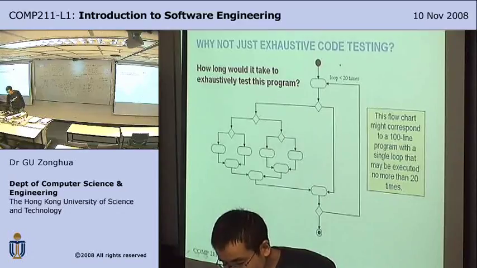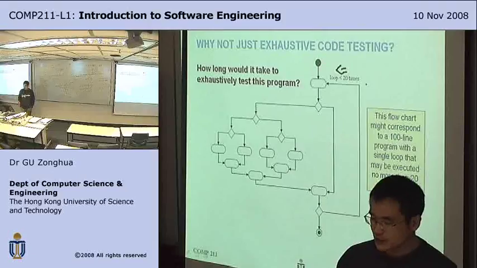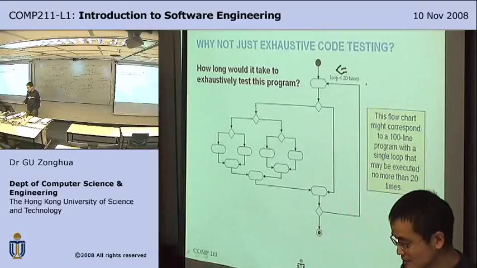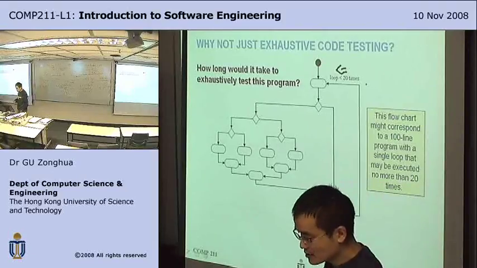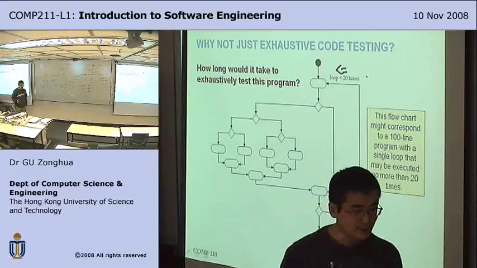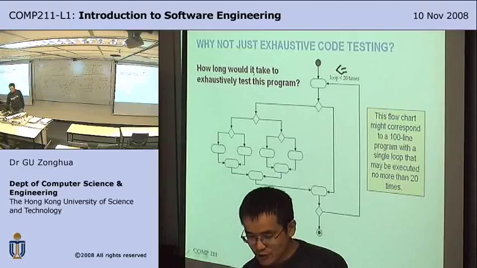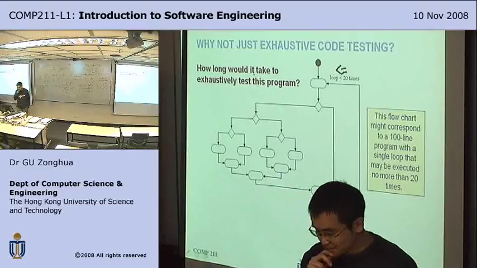So this really should be loop less than or equal to 20 times. Depending on your code, conditional switches, you may loop fewer than 20 times, but perhaps sometimes you loop for 20 times. Now, how long will it take to exhaustively test this program?